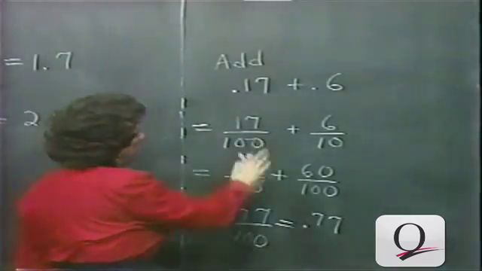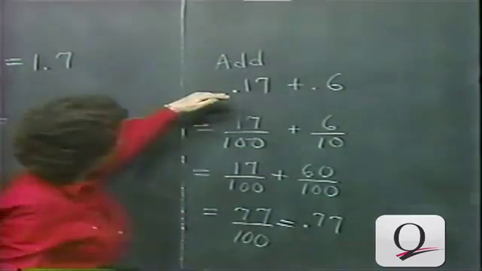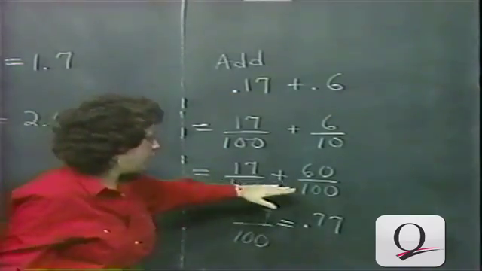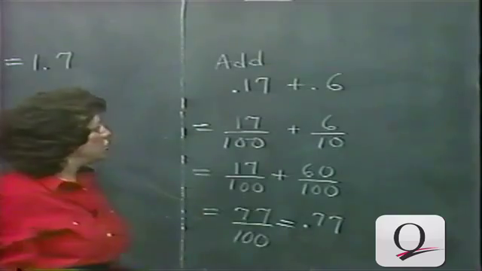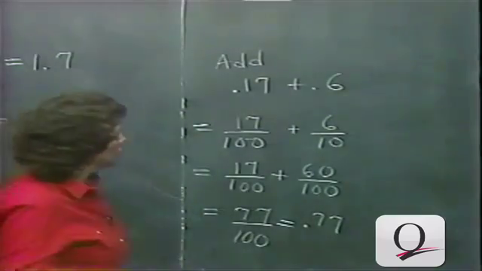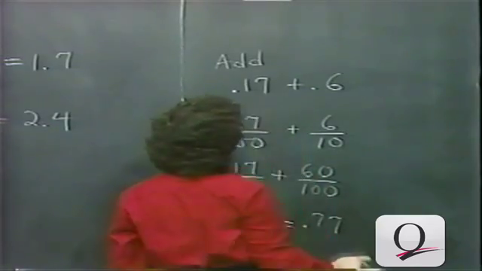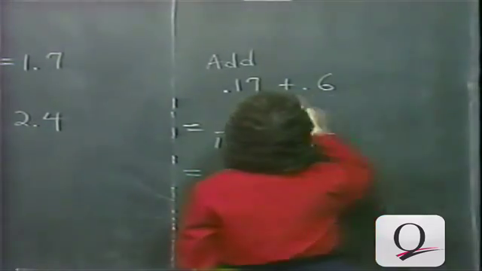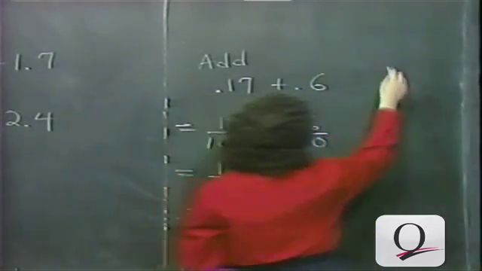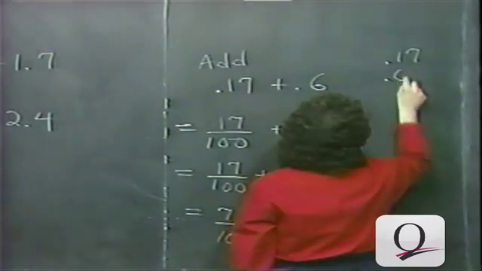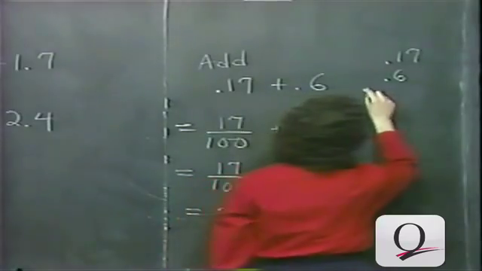However, most people don't really change the decimals into fraction form and use the rules for adding fractions. What they do instead, the common rule, is to line up the decimal points when you want to add. So for example, you want to add 0.17 and 0.6. You line up the decimal points.